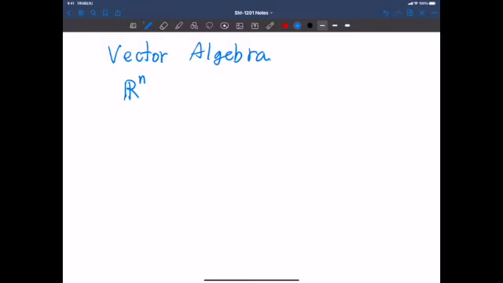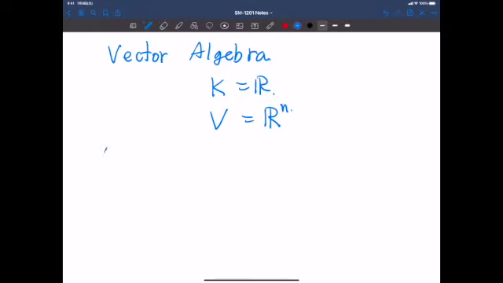But to be general, let's say we have a field, which in this case is the real numbers, and let capital V represent the vector space. We have already defined the addition between two vectors and multiplication between a scalar and a vector.